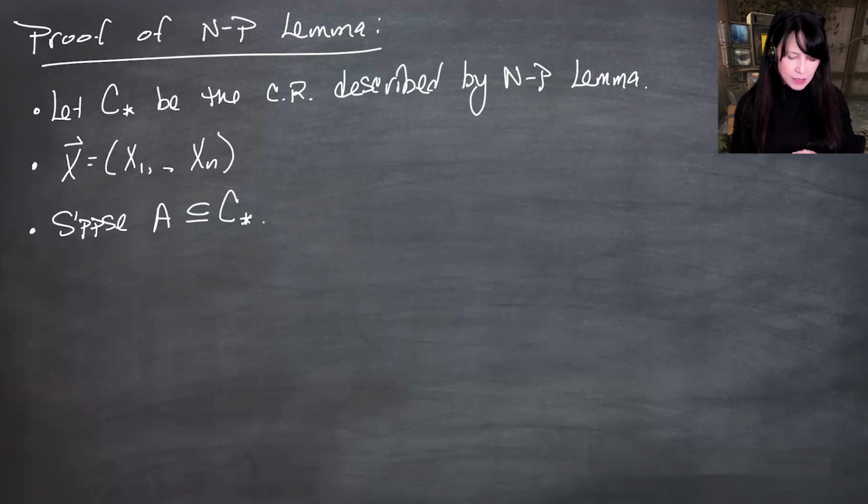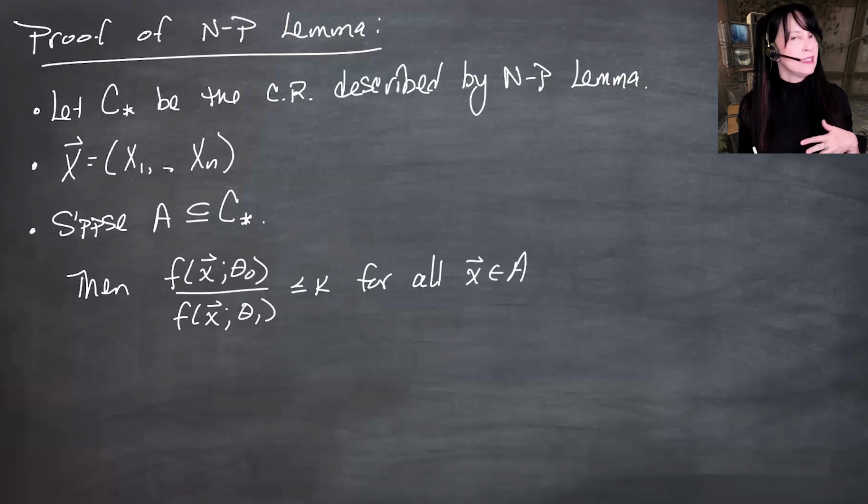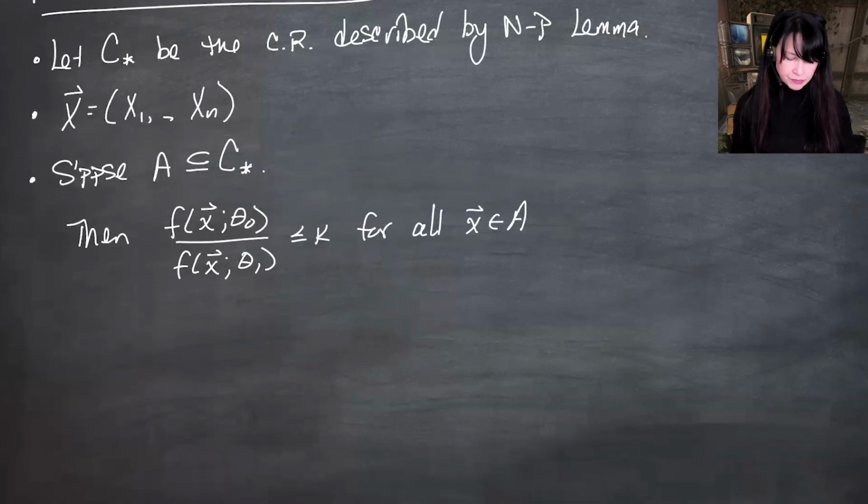So if A is a subset of C star, then we have that the ratio f of x and theta naught over f of x and theta 1 is less than or equal to k for all vectors x in A, because x is contained in C star, and all the x's in C star satisfy this inequality when you plug them into the likelihood ratio. That means that this is less than or equal to this times this. PDFs are not negative, so I wouldn't be flipping anything by multiplying that denominator to the right-hand side.